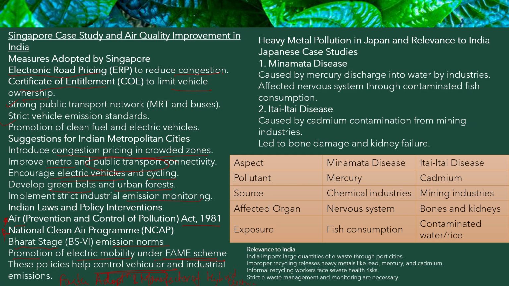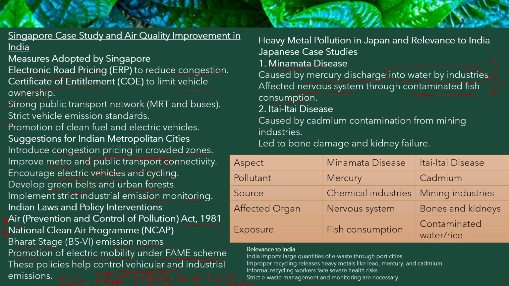Now, heavy metal pollution in Japan led to Minamata disease. It was caused by mercury discharge in waters by industry, and affected the nervous system through contaminated fish consumption. So you see, contaminated water into fish and from the fish to the humans.